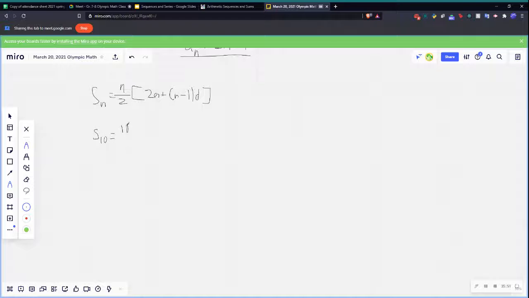That would be 10 over 2, and in the square brackets, we have 2a plus 10 minus 1, which gives you 9, so 9d. So this is just 5 times 2a plus 9d.